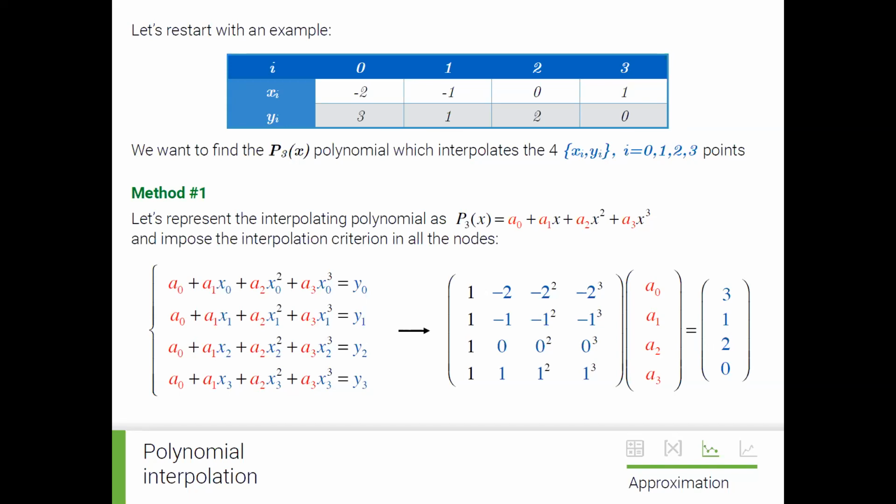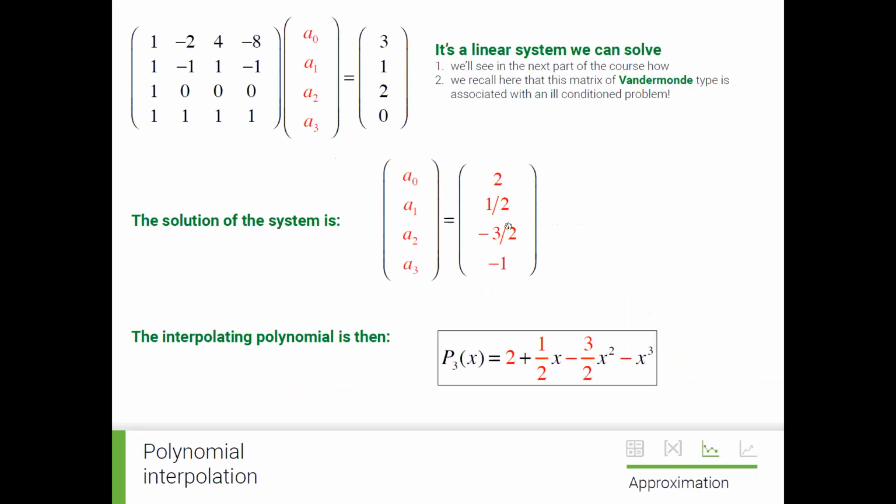So now we have this matrix equation, similar to Ax equals b. Now this is a linear system, and we can solve this system.